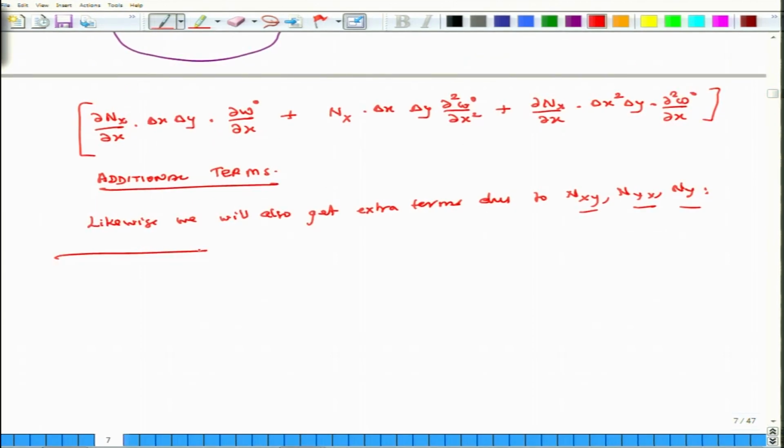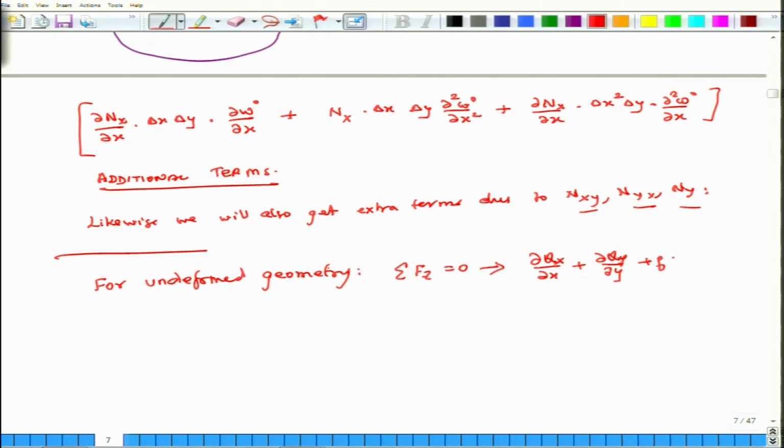For the undeformed geometry, what was the original equilibrium equation for the z direction? So if I set fz equal to 0, it gave me del qx over del x plus del qy over del y plus q xy equals 0.